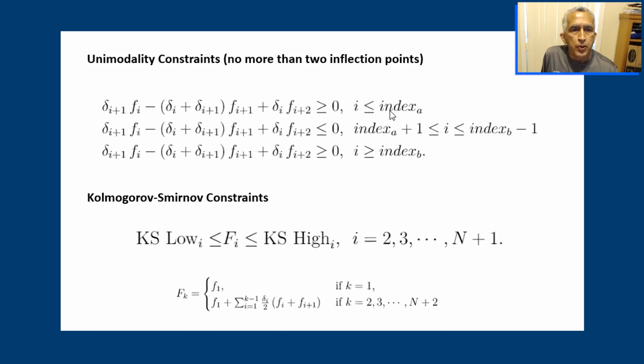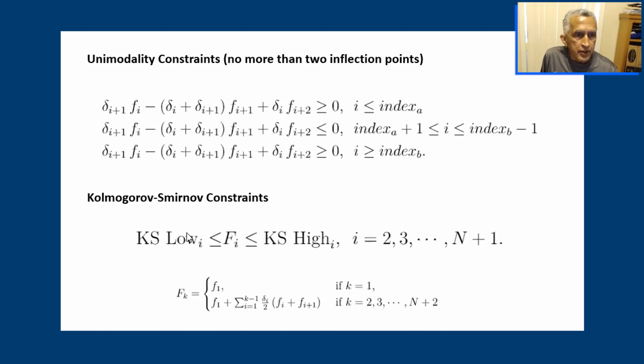And the 2 inflection points are denoted by index A and index B. And the constraints change depending on what region of the support interval that you are in. The optimization problem is a 2-stage optimization problem where the outer layer is a nonlinear optimization in 2 parameters, and the inner layer is a linear programming problem in any number of parameters or variables, depending on how fine a grid you take.